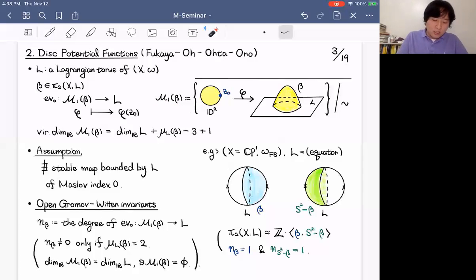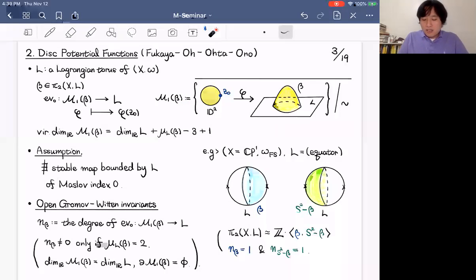Let's choose an omega-compatible almost complex structure on X. Then we think about J-holomorphic maps from the disk to X, whose boundary lies in the Lagrangian, and whose class represented by the disk is beta.